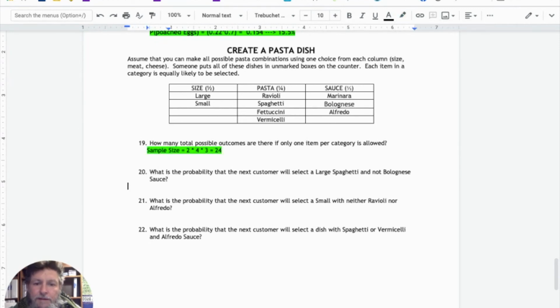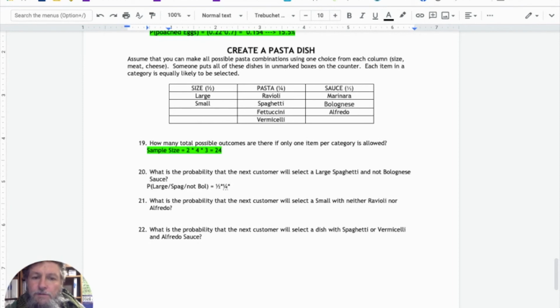What's the probability the next customer will select the large spaghetti and not bolognese sauce? Okay, so it's a probability: large, spaghetti, not bolognese. So the probability of a large spaghetti is 1/2 times just spaghetti is 1/4 times not bolognese.